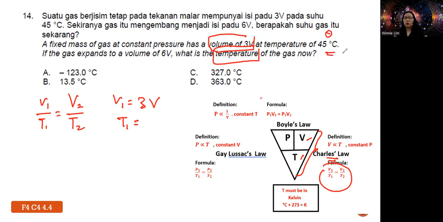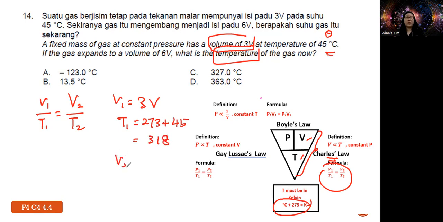Normally, to not confuse T and theta, degrees Celsius we label as theta, and T refers to the temperature in Kelvin. Now how do you change degrees Celsius into Kelvin? You must add 273. So your T1 will be 273 plus 45. Then you will have 318.